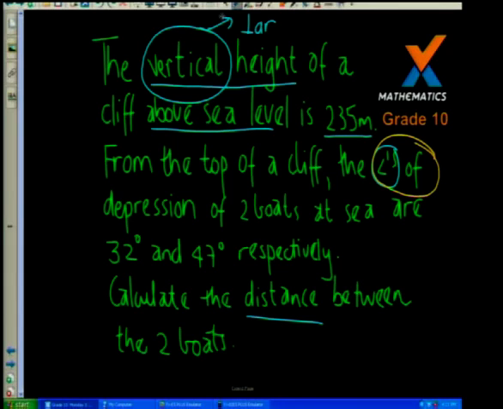the angles of depression. What do we mean by angles of depression? That's a very particular mathematical terminology, and it's got a very special meaning. It means that if somebody is watching straight ahead, that would be horizontal, that's towards the horizon.